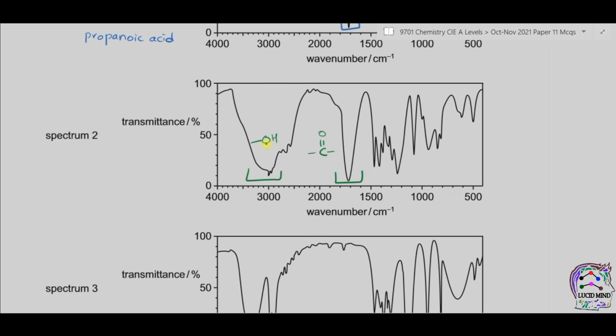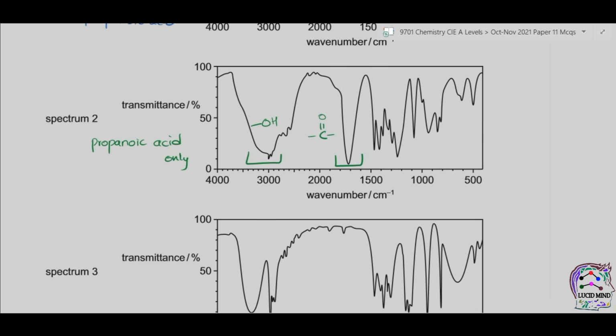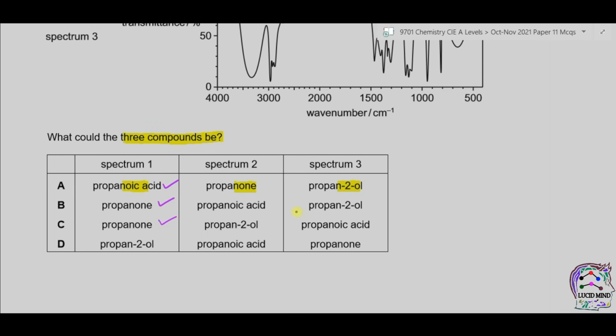So when both carbonyl and OH peaks are present, it means it is carboxylic acid or propanoic acid. So ketone is absent as we have both C=O and OH group. Propan-2-ol is also not possible.